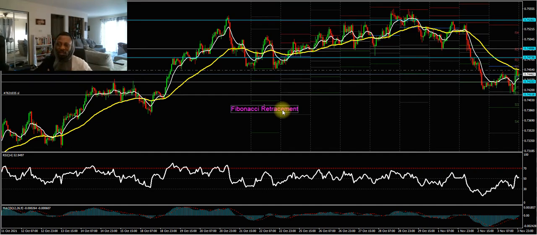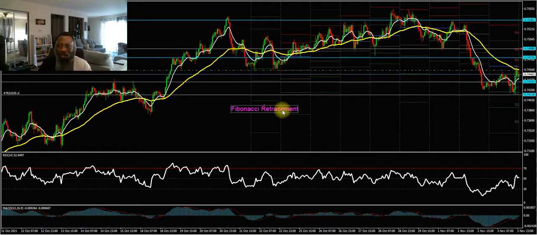So that's why the tool or the indicator called Fibonacci retracement is a veritable tool in the hands of any professional trader. Even amateur traders can make do with it. It's a simple tool. You just have to understand how it is being used.